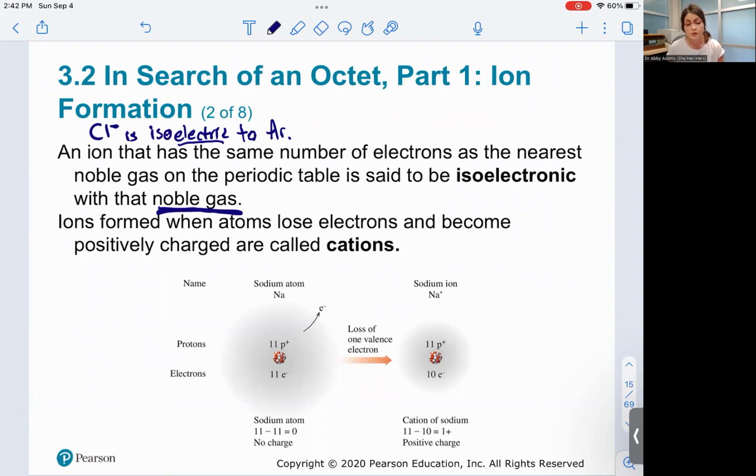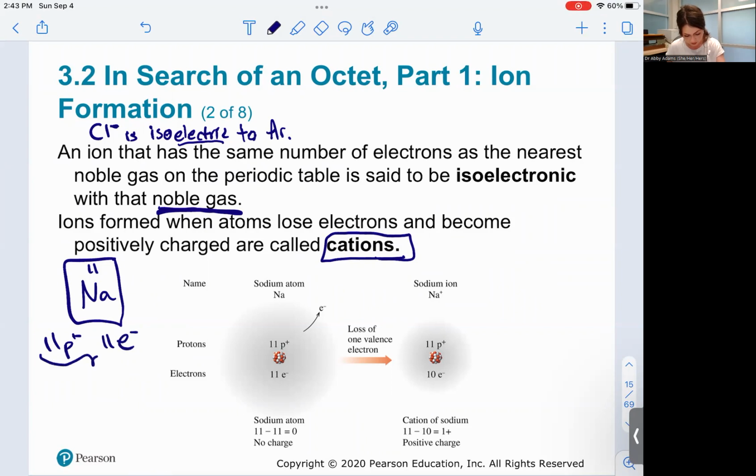So the ions are formed when the atoms lose electrons and become positively charged in the case of a cation. Okay, so this is a positively charged ion. So we take sodium, all right? Sodium on the periodic table. It's atomic number 11. When it's neutral, you have 11 protons and 11 electrons, all right?